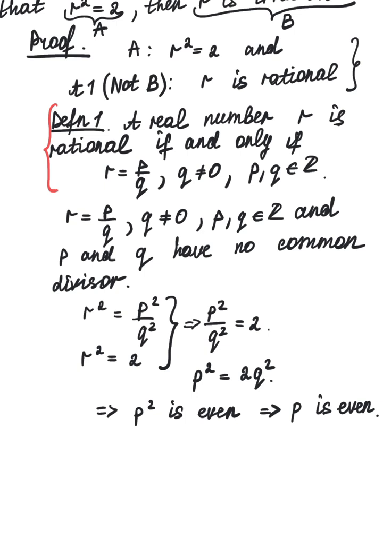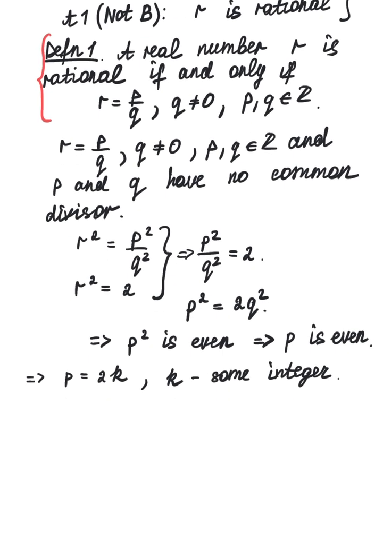If p is even, we can write p equals 2k, where k is some integer. Then we can substitute 2k into this equation.